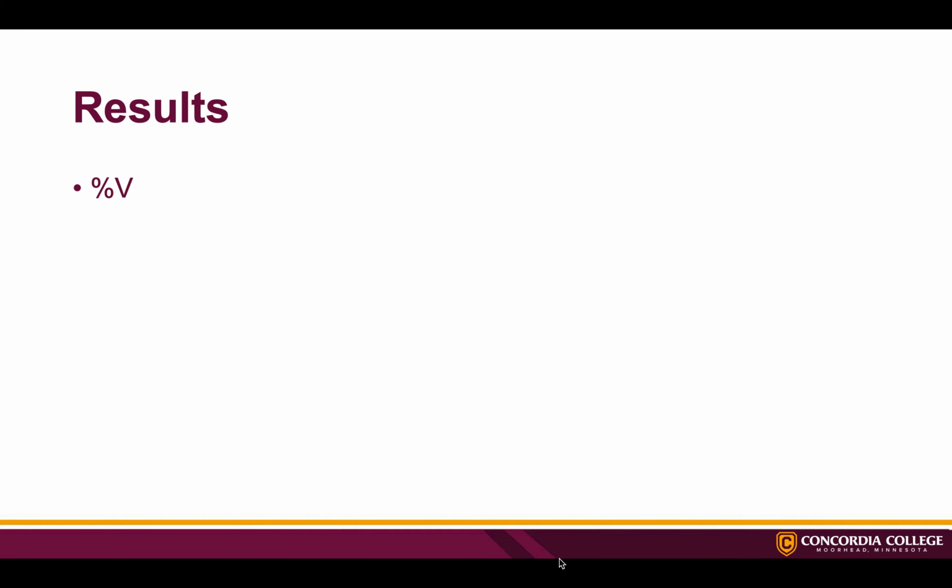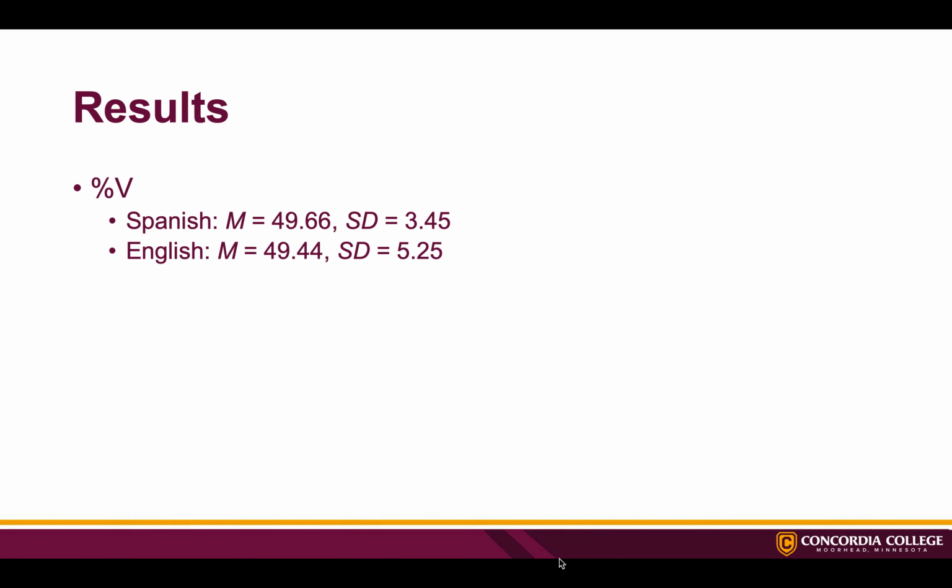In terms of percent V, there was no difference found. Spanish had a mean of approximately 49.66, whereas English's was 49.44. And this finding, as will be discussed, is actually rather intuitive based on percent V measures from samples of populations similar to those collected here for English and Spanish.